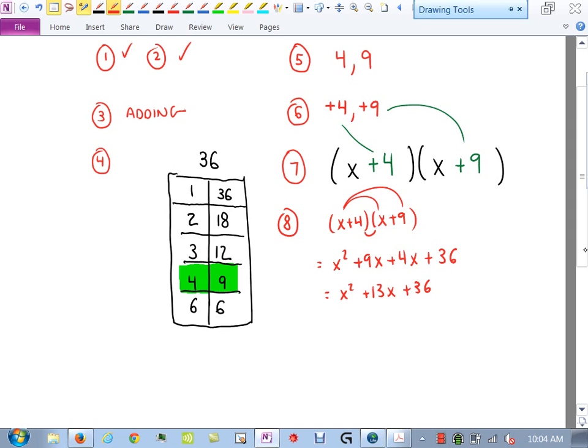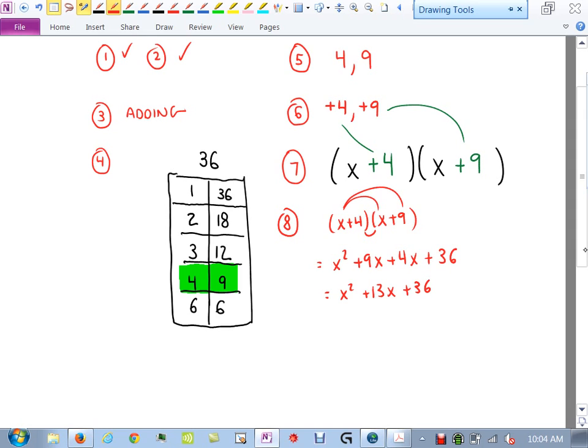Now, I'll be honest, this process is called guess and check. You're guessing at numbers that might work, and then you check it. You're supposed to get so comfortable with this method that you stop writing anything down and just do it mentally.